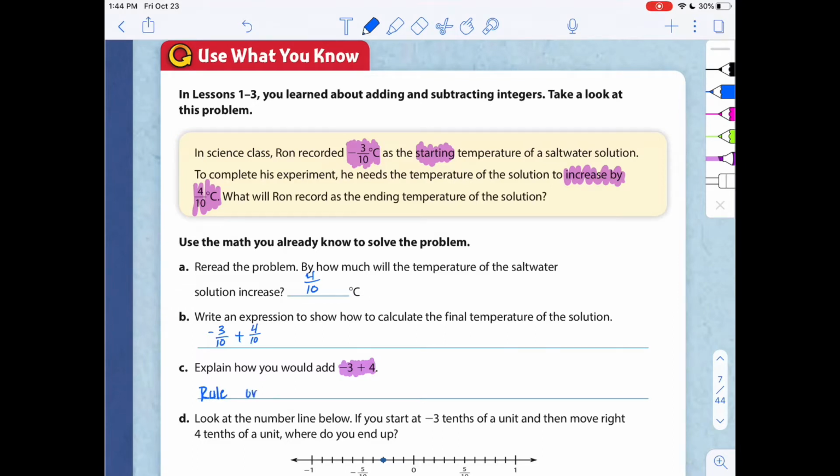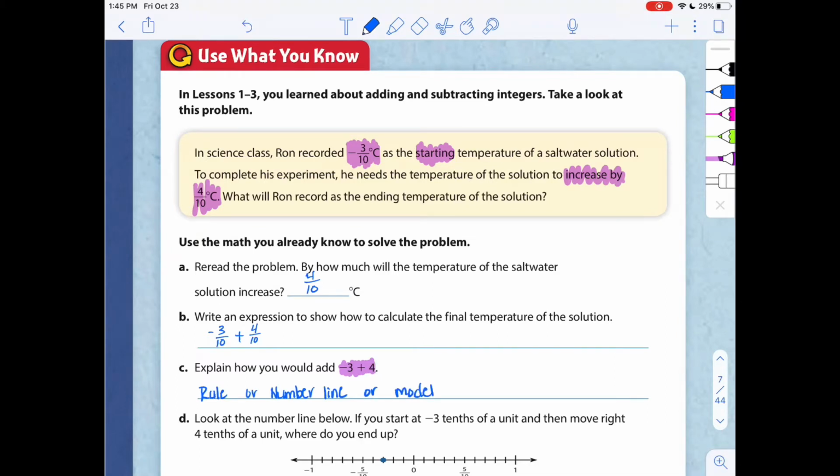Or you can use a number line. Remember, when we use a number line, we start at our first number of -3, and when we add, we move to the right. So we would move to the right 4 units. So starting at -3 and moving to the right 4 units, we would end up at +1. Or you could model it.